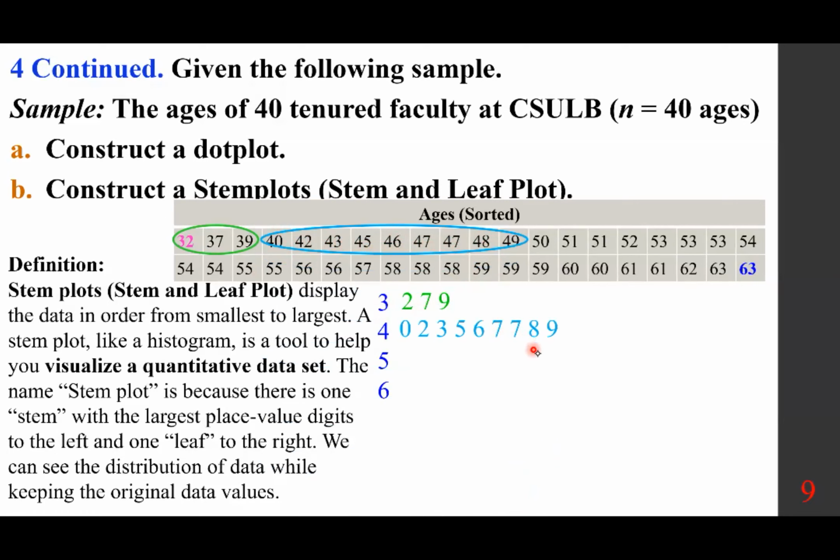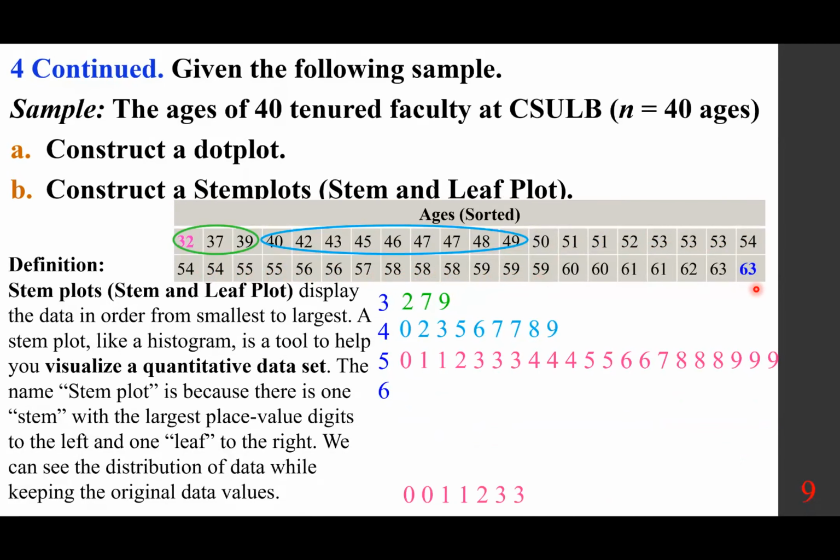And you can see, for example, in front of 5, you put 0, 1, 1, 2, 3, 3, 3, 4, 4, 4, 5, 5, 6, 6, 7, 8, 8, 8, 9, 9, 9. In front of 6, you put the rest of them.